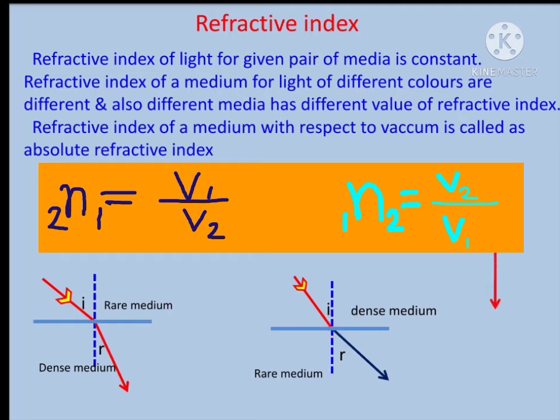And if the light rays come perpendicular to the surface of the transparent medium, they enter in a straight line without deviation, as shown here. So this is about the refraction of light in different pairs of media.